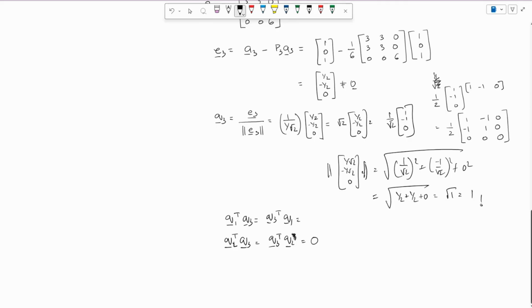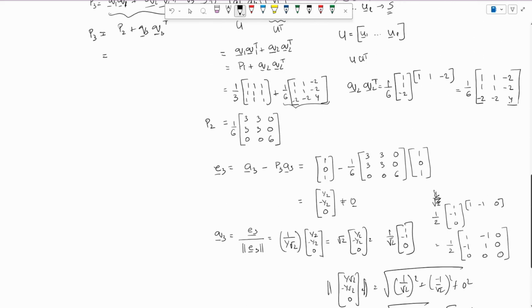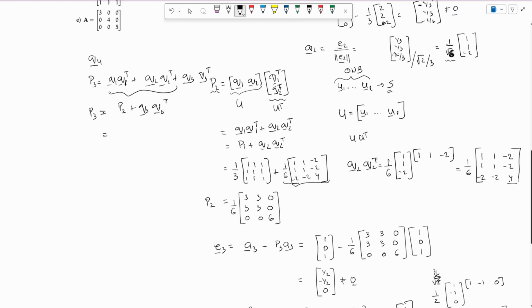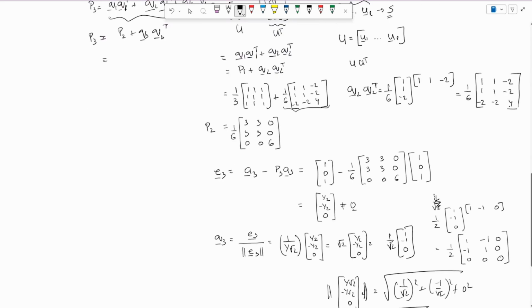Let's add that to P2. What is P2? P2 was this: 1 by 6 times the matrix 3, 3, 0, 3, 3, 0, 0, 0, 6, plus 1 by 2 times the matrix 1, minus 1, 0, minus 1, 1, 0, 0, 0, 0. Let's simplify this.